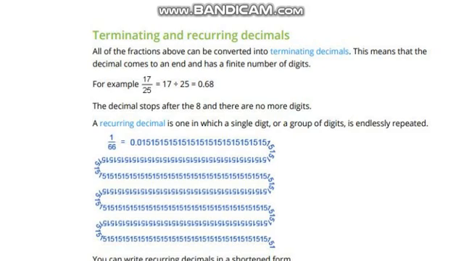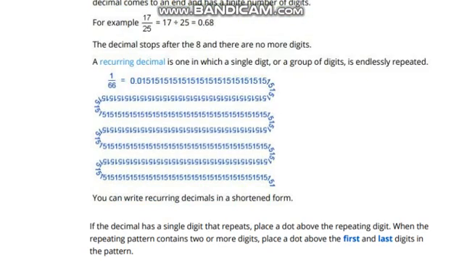How about recurring decimals? This is when a single digit or a group of digits is endlessly repeated. For example, 1 out of 66. If you do the calculation, you will get 0.015151515. Here the 1 and 5 are endlessly repeated, repeating until infinity.